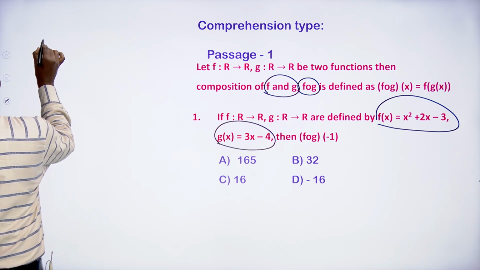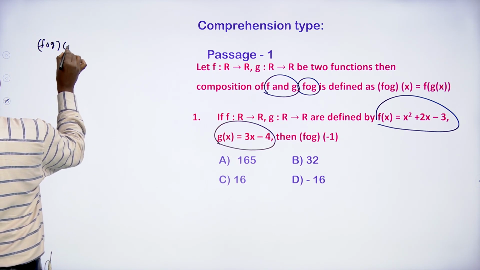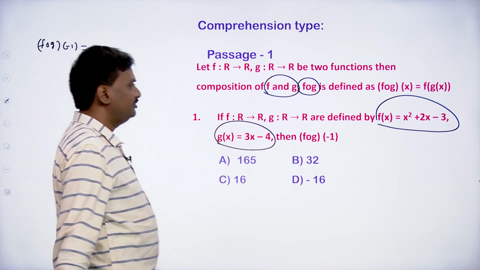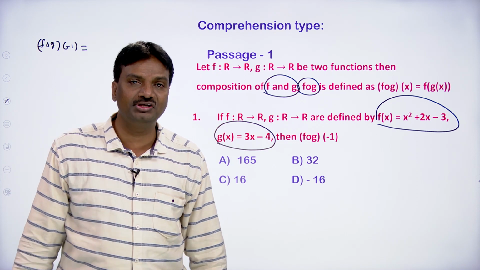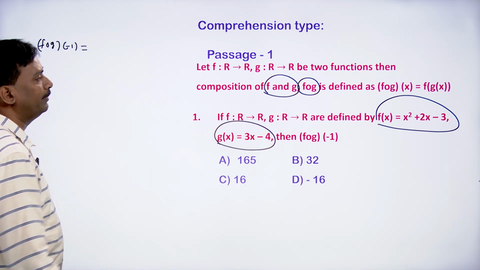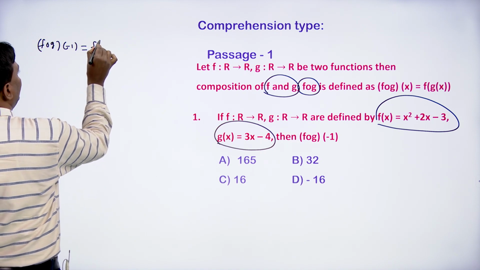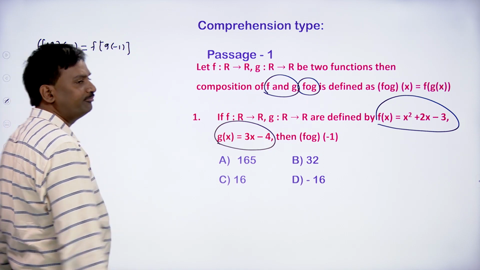So here we have to find f circle g of minus 1. So with respect to the passage, the definition is f circle g of x equal to f of g of x, but here in place of x we have minus 1. So we can write f of g of minus 1.